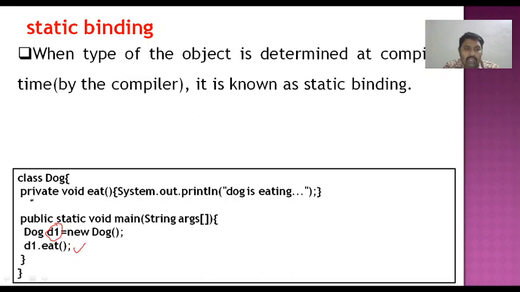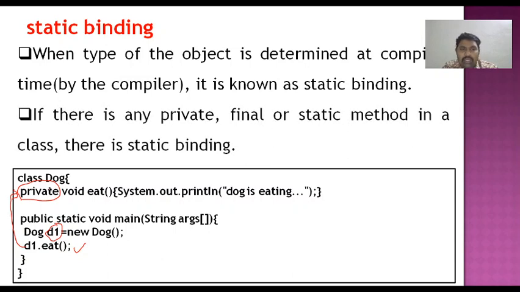This eat method has the access specifier private, so the compiler fixes that d1.eat is going to call this part. There is a linkage between d1.eat and this private void eat. The association has been found before runtime, that's why it is called static binding.